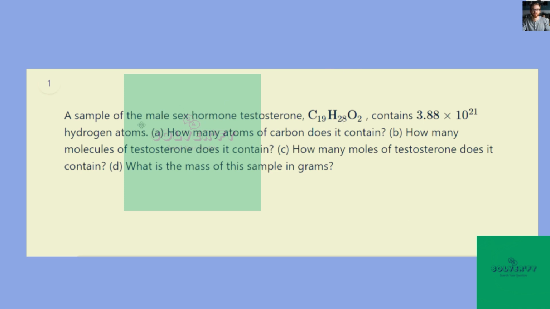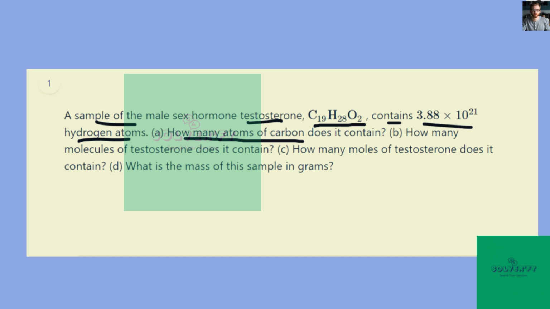So in this problem, we are given a sample of testosterone, which has a molecular formula of C19H28O2 and which contains 3.88 times 10 to the power 21 hydrogen atoms. In the first part of this problem, we have to find out how many atoms of carbon this sample contains.